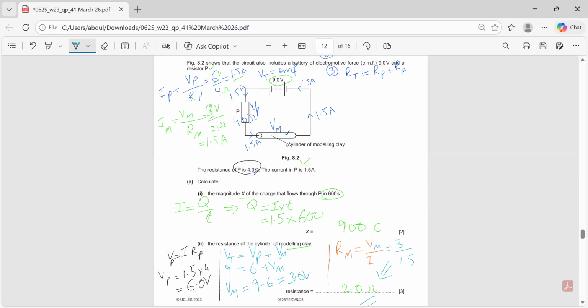Here, they just want to check your basic knowledge, your understanding about series circuit. Nothing else. You should consider the modeling clay here as simply a resistor, nothing else. Okay, is that clear? Yes, thank you. Welcome.